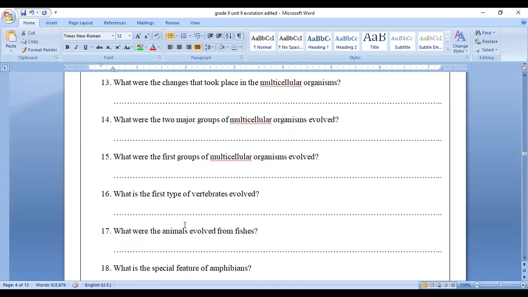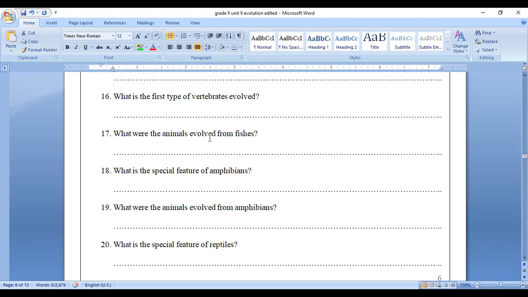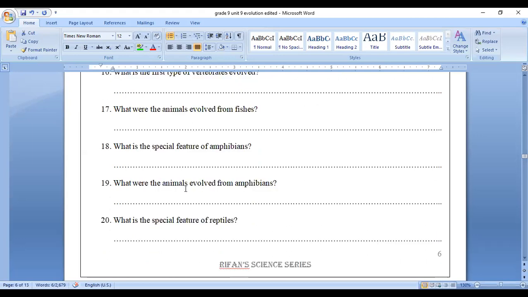They have to live in water in one part of their life. So that is not there here, right? Reptiles are completely adapted to the terrestrial life.